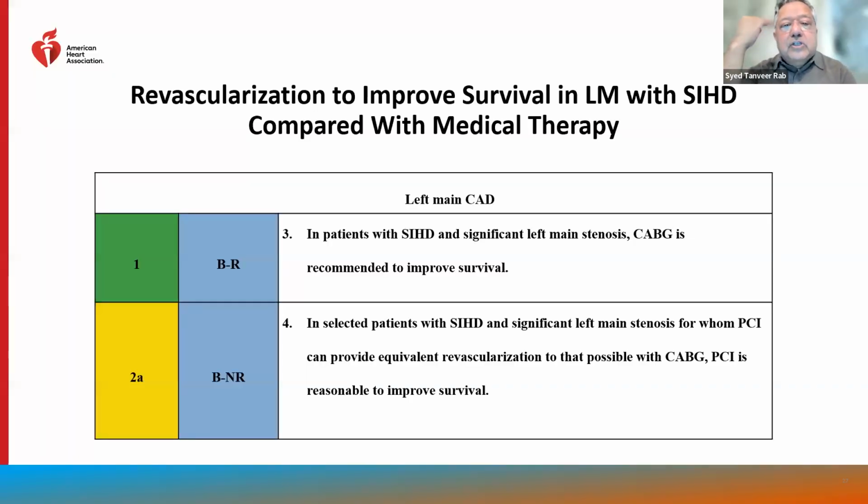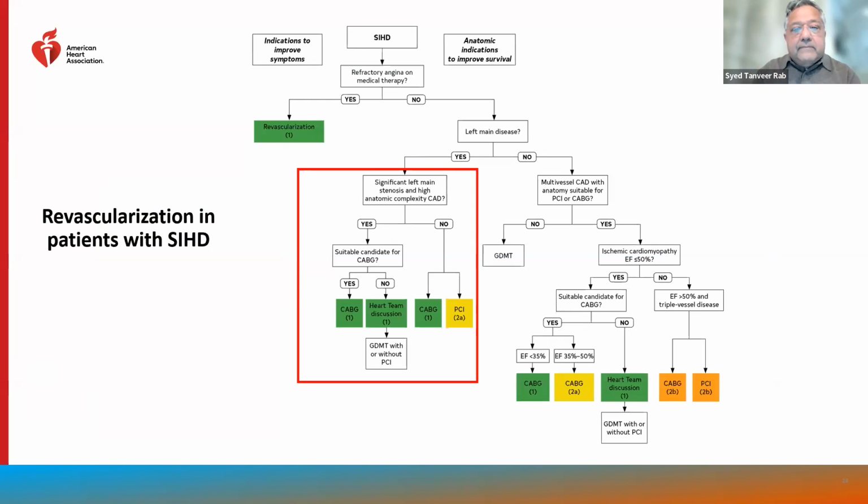So revascularization should be given in left main therapy, in stable ischemic heart disease, to improve survival compared to medical therapy. And so CABG is class 1 and PCI is class 2A. So, this is an important graph. If you just look at stable ischemic heart disease, there's an indication to improve symptoms.